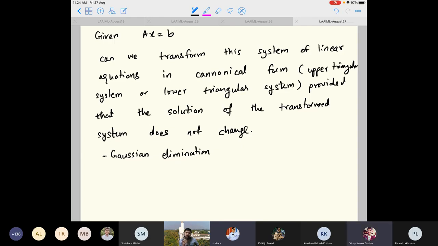LU decomposition. Okay, so what is LU decomposition? You are right, but I just want to know what is LU. Vinay?